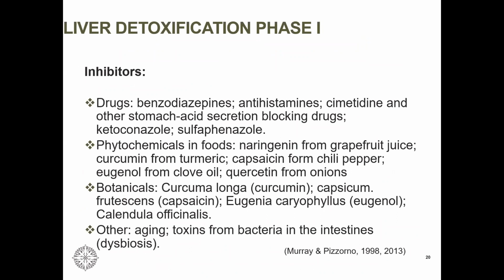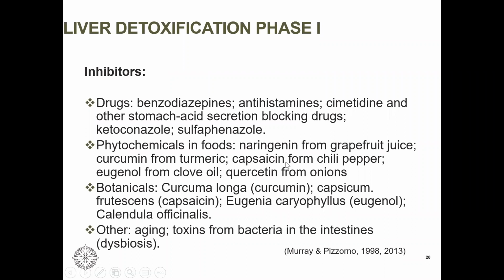Okay, now coming up to a couple of things, as one of you mentioned in the beginning, grapefruit juice is contraindicated. On this slide, we have a few of the inhibitors of liver detox phase 1.